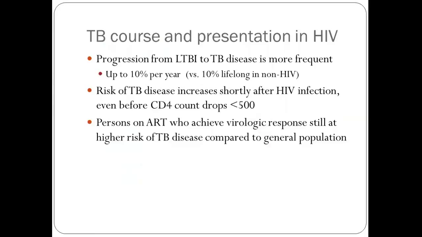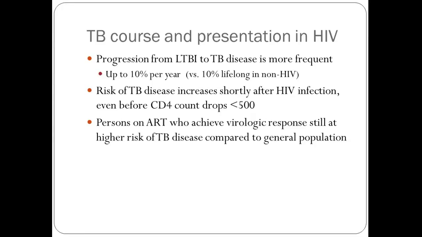Now, in terms of the tuberculosis course and presentation in HIV, the progression from latent TB to TB disease is more frequent. There is risk of TB disease shortly after HIV infection, even before the CD4 count drops below 500.